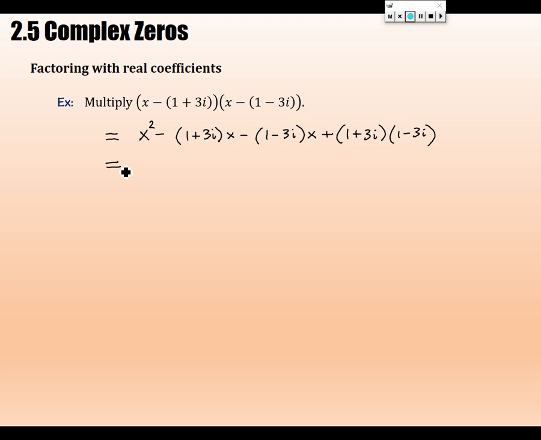All right. So what happens in the middle? What cancels out? Yeah, the 3ix and the negative 3ix will cancel out if you multiply these out, right? Just in the middle here. So what are we left with in the middle?